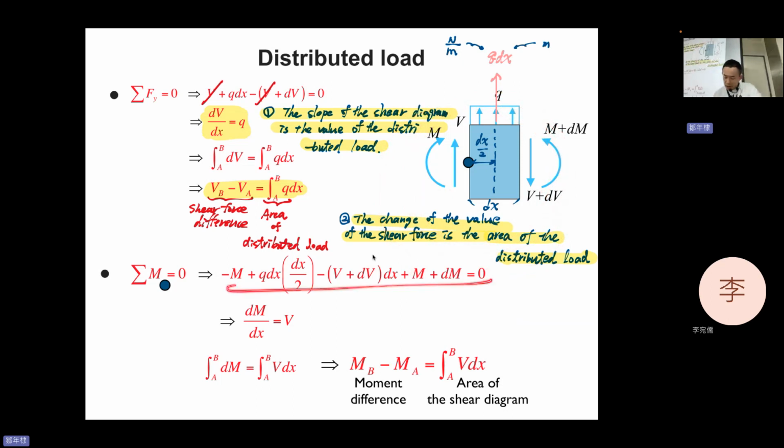Okay, sum them together to get 0, and then we can notice that minus M plus M cancels.